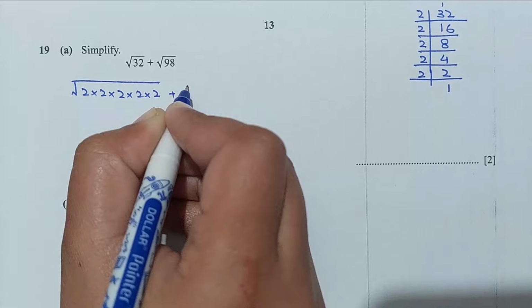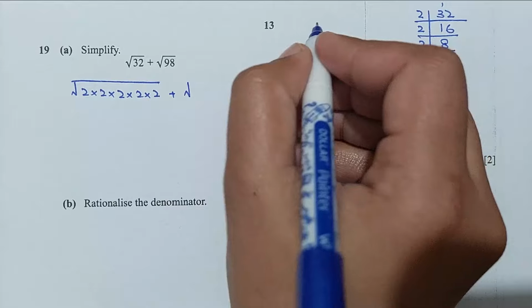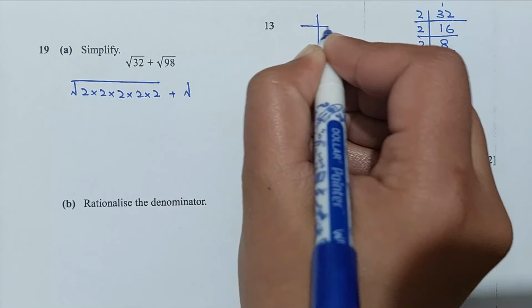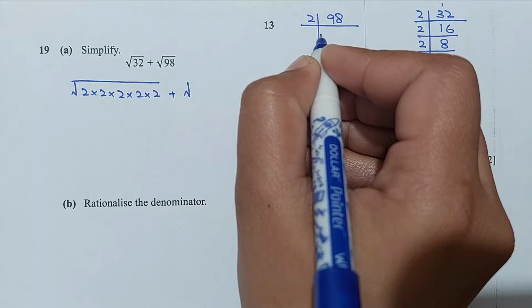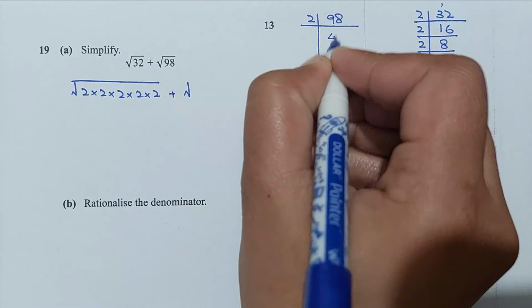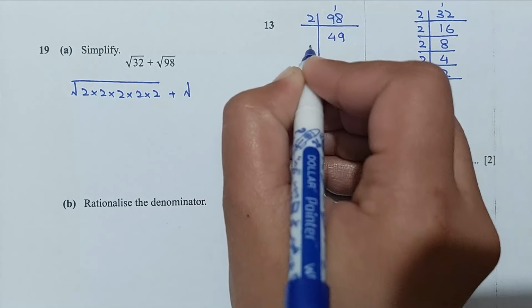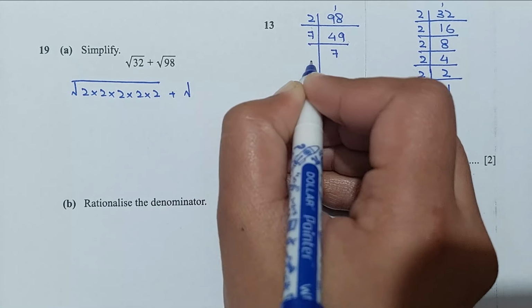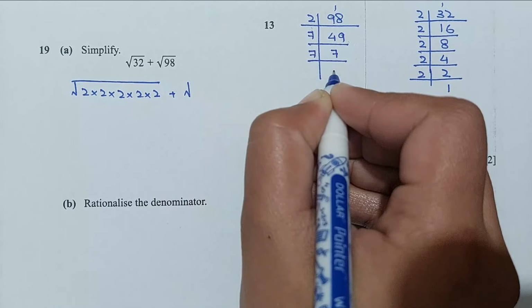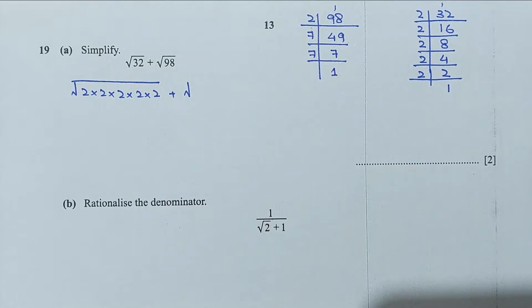Plus, what is 98? Again, 2 times table: 2 times 49 is 98, and 7 times 7 is 49, and 7 times 1 is 7.